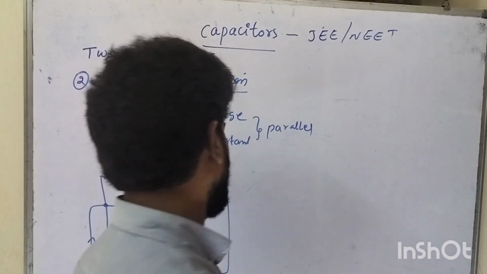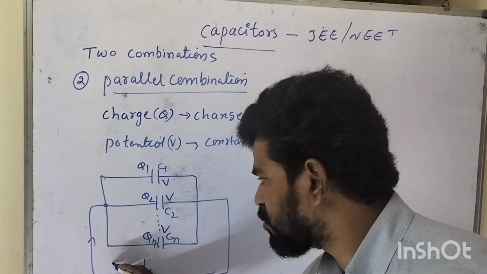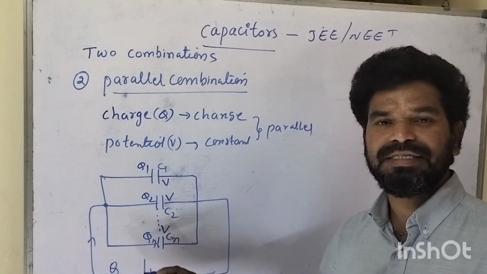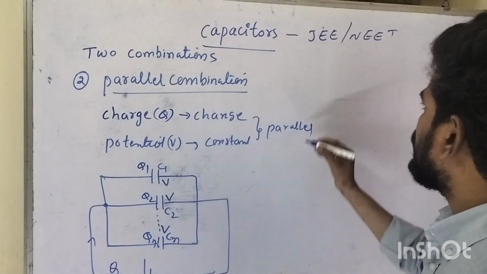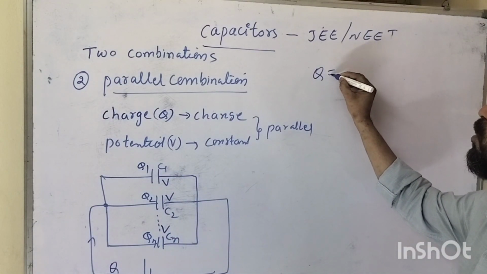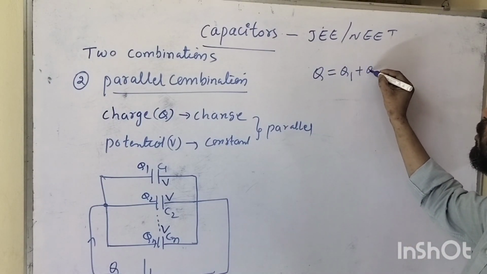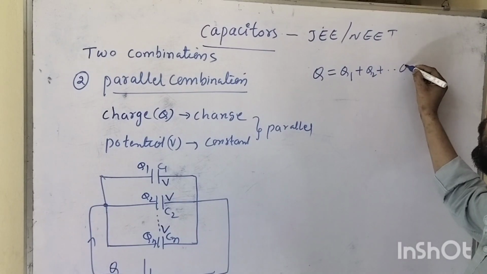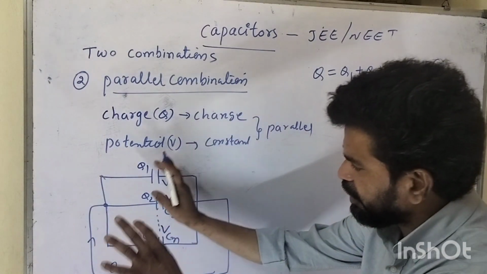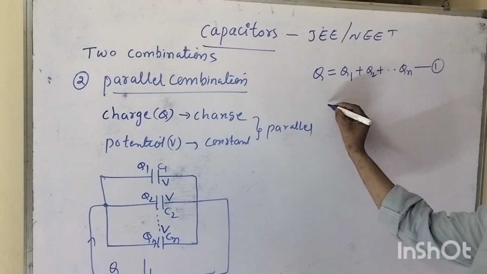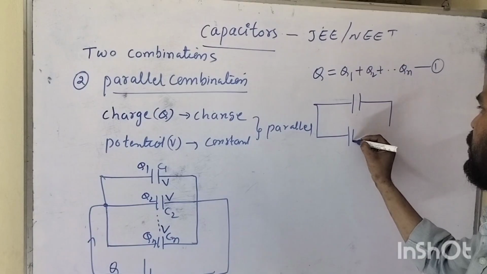So in this parallel combination of capacitors, now Q is the net charge. So the net charge Q is divided as Q1, Q2 and so on Qn, right? Now I am writing here, the total charge Q is equal to Q1 plus Q2 and so on Qn. Say this is equation 1. Now this entire circuit is written as a single effective capacitor like this.